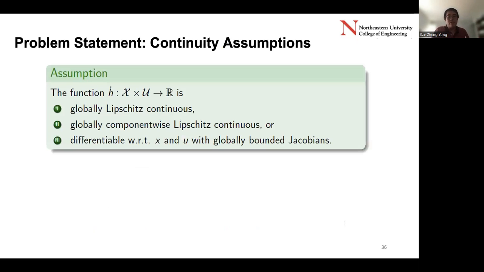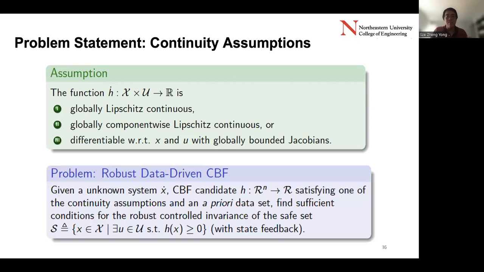We assume that this h dot function has some continuity properties: either it's globally Lipschitz, or globally component-wise Lipschitz, or differentiable with globally bounded Jacobians. By making these assumptions, even if we don't know the system but we have some data, we can still make the system robustly safe.